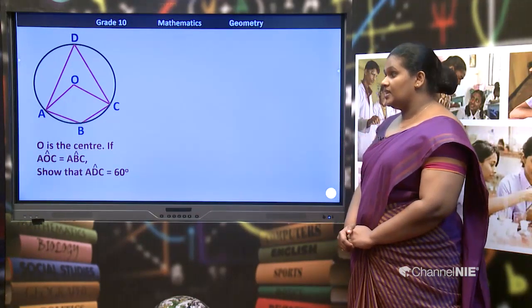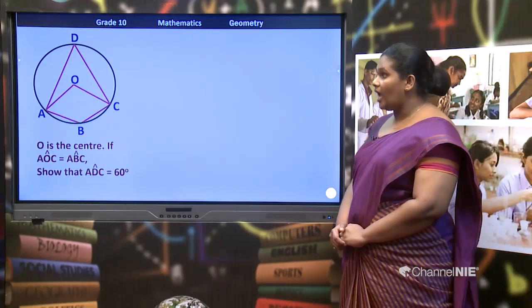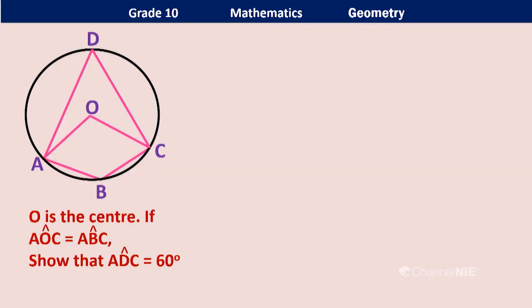They say that angle AOC is equal to angle ABC. If I am going to use a letter for angle AOC, I have to use the same letter for angle ABC. Once you look at this question, what can you observe?